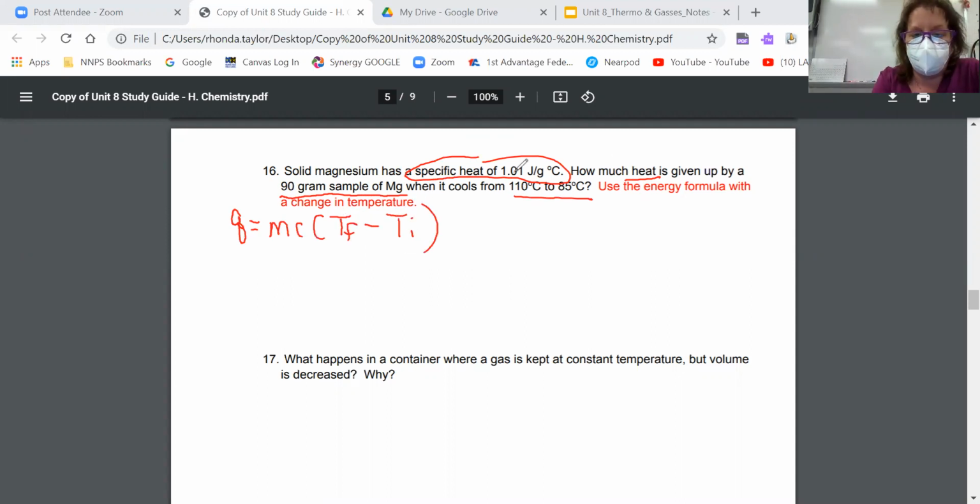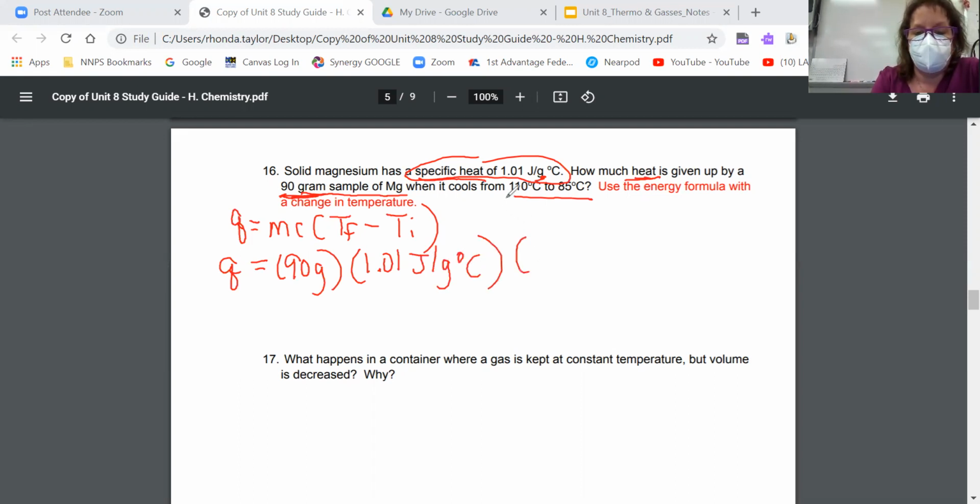Everything matches up. We got grams, so we don't do any conversions. We're looking for heat, so that's our energy, so we need to find Q. M is the amount, so that's 90 grams. C is right here, that's your specific heat, 1.01 joules per gram degree Celsius.